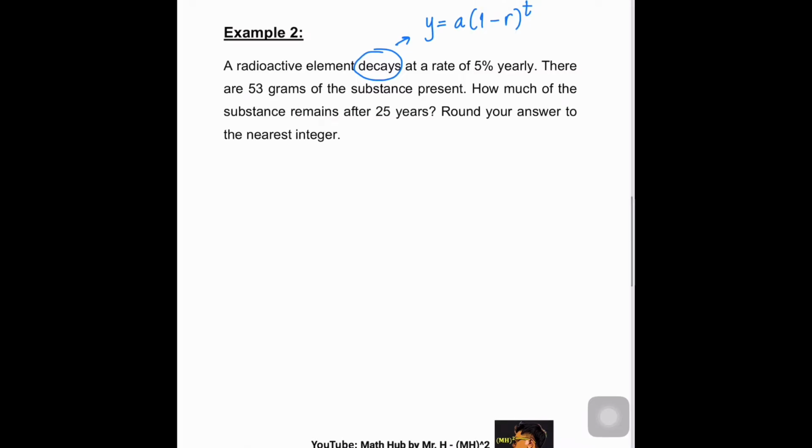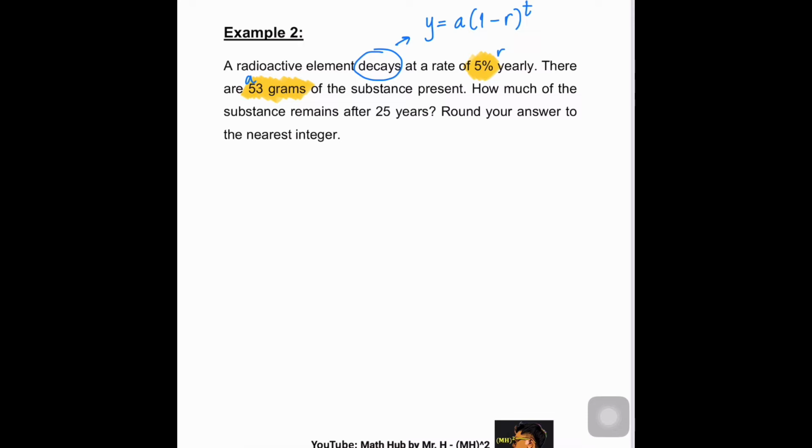First of all, since we were given this problem, we need to identify the given information that we will be applying in the calculation. We were given the rate of decay, which is 5%. That's the r. There are 53 grams of the substance present, so that 53 grams is the initial value, the a.